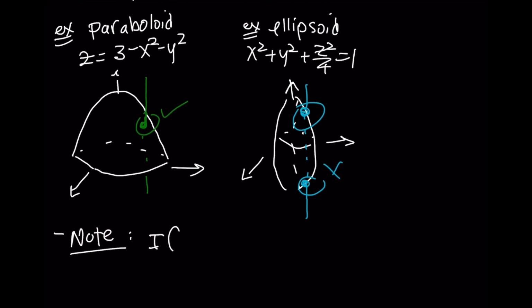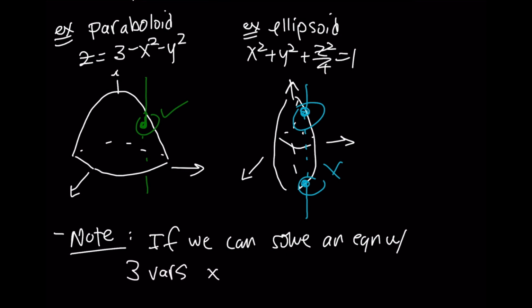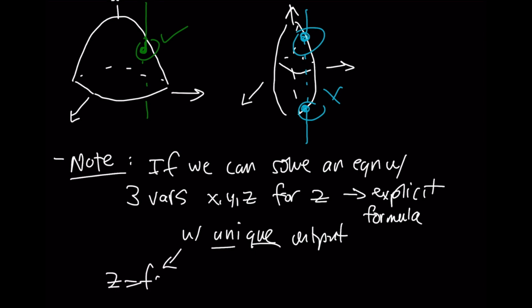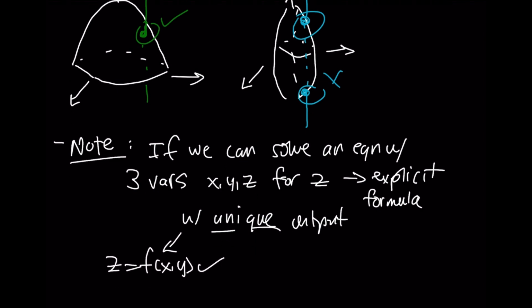If we can solve an equation with three variables, x, y, z, for the z, and get an explicit formula with a unique output, then we will have a function, z equals f of x and y.